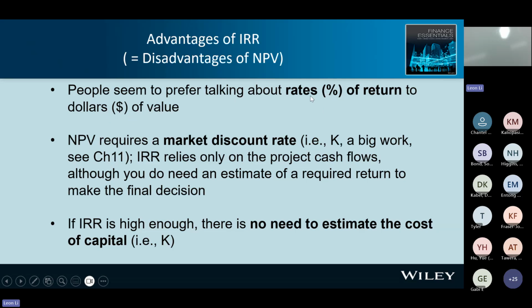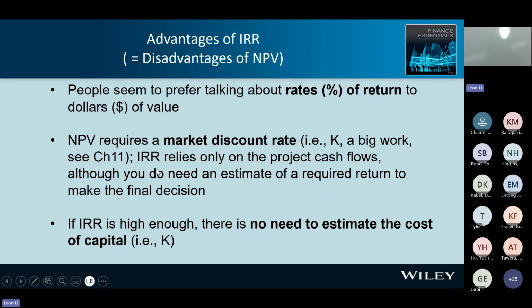Percentage return is easier to understand. This is the first advantage of IRR. Second, NPV requires a market discount rate, our cost of capital. This is a big job and not easy to estimate. We will discuss this variable in chapter 11.